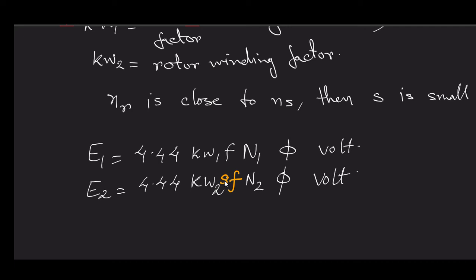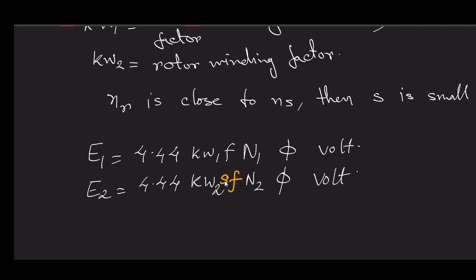So in order to avoid undesirable effects due to rotor frequency, sometimes we skew the rotor slots just to avoid unnecessary interlocking, that is known as cogging.